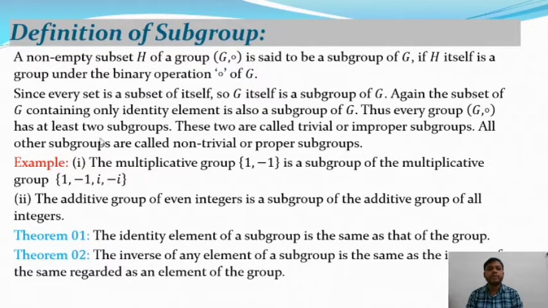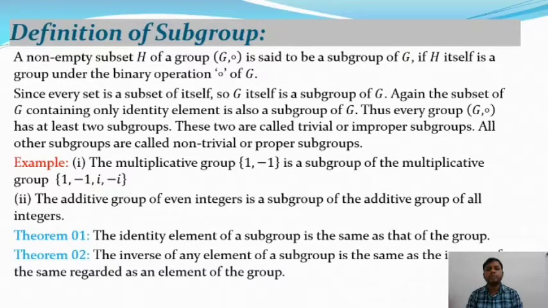Again, the subset of G containing only the identity element is also a subgroup of G. You know G is a non-empty set, so the identity element e lies in G, and the set containing e is also a subgroup of G. Thus every group G composition has at least two subgroups, and these two subgroups are the set containing e and G itself.